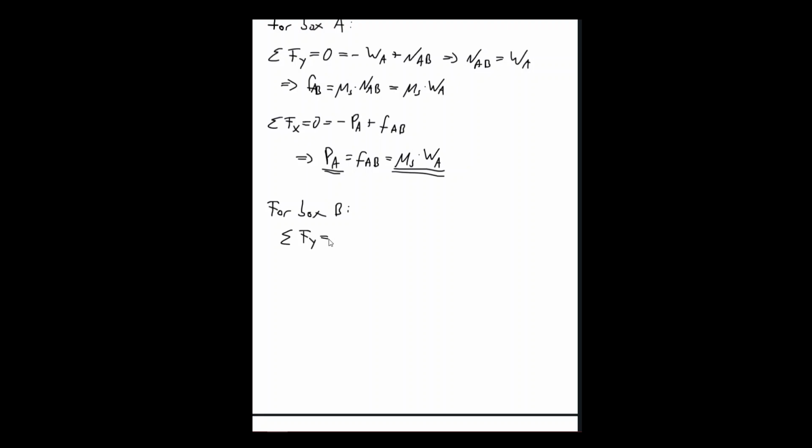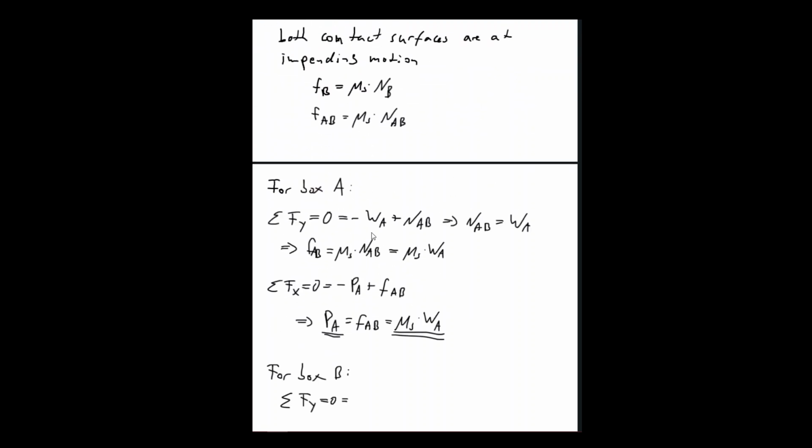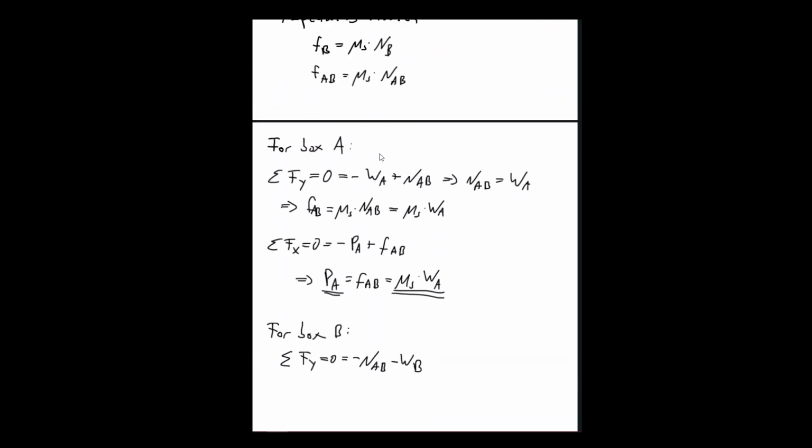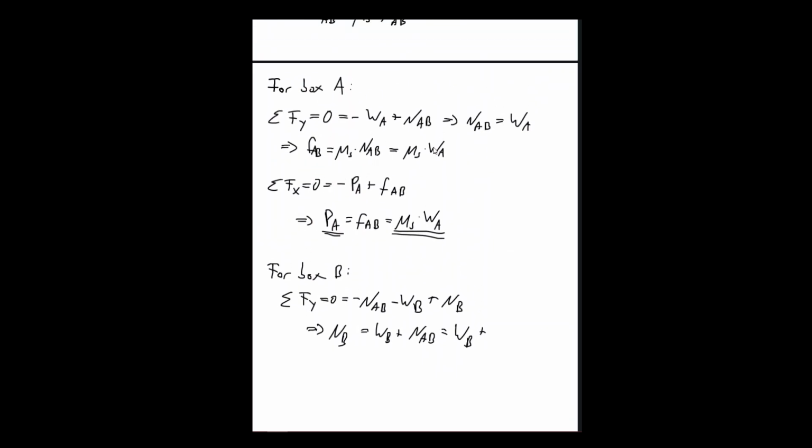Sum of forces in the y direction equal to 0 is equal to minus NAB minus WB plus NB. That means NB is equal to WB plus NAB, equal to WB plus WA.